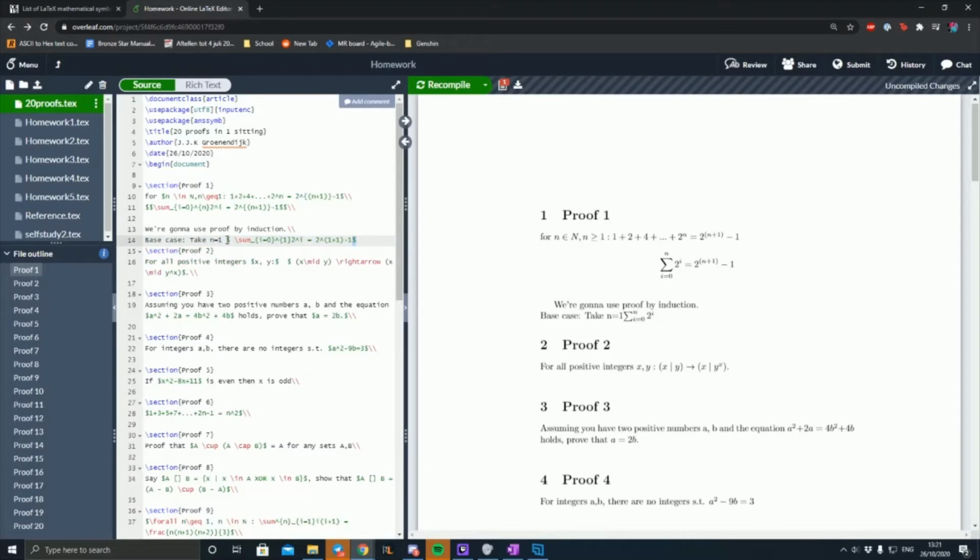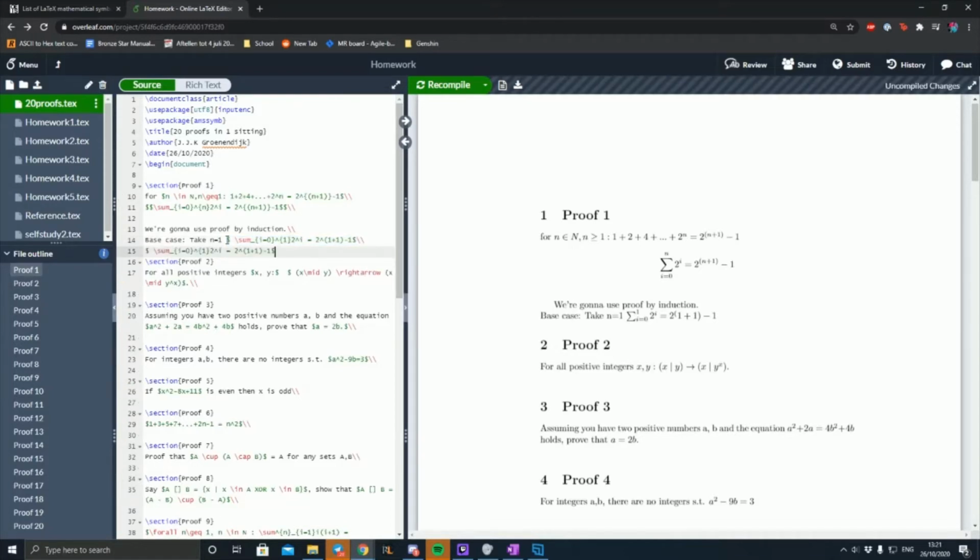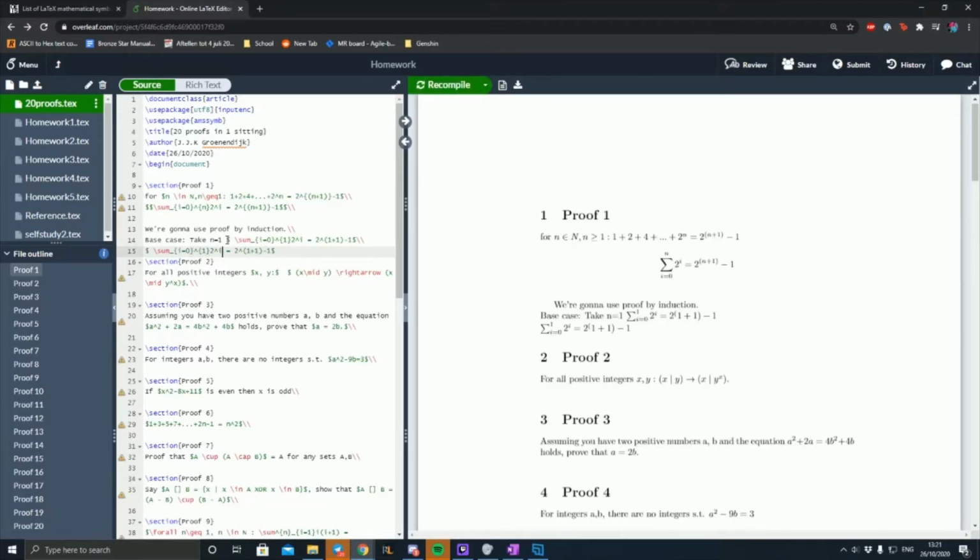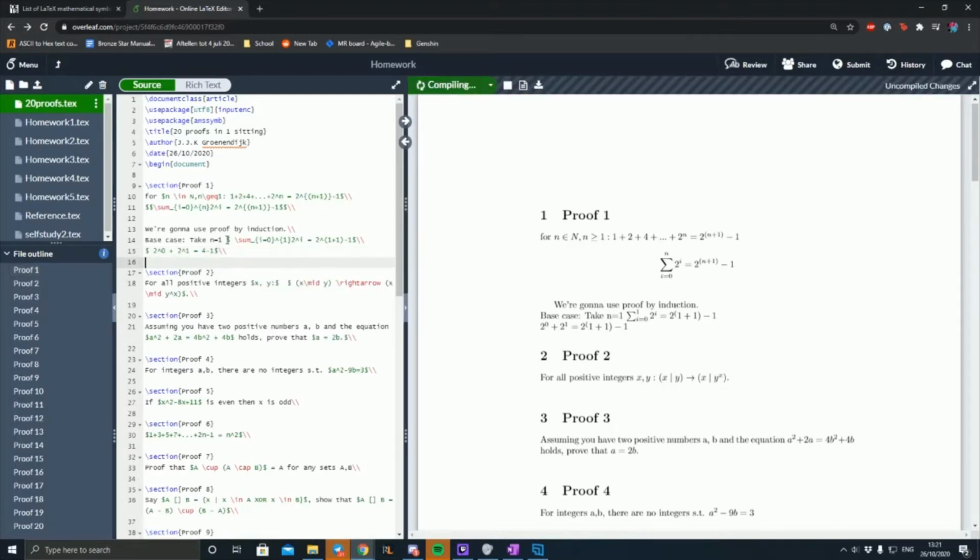If we work that out, the sum of i from 0 to 1 of 2 to the power i is equal to 2 to the power of 0 plus 2 to the power of 1, and it is equal to 2 to the power of 2, which is 4, minus 1, and then we get 3 is 3, which holds.